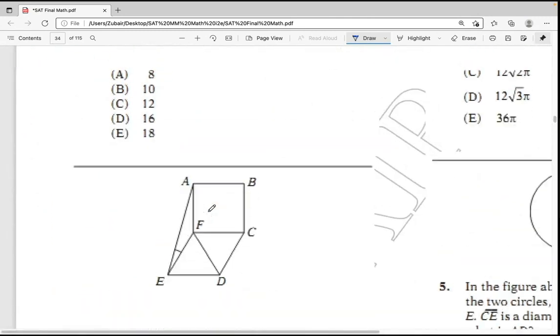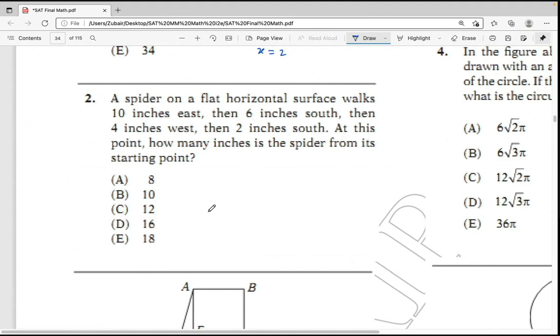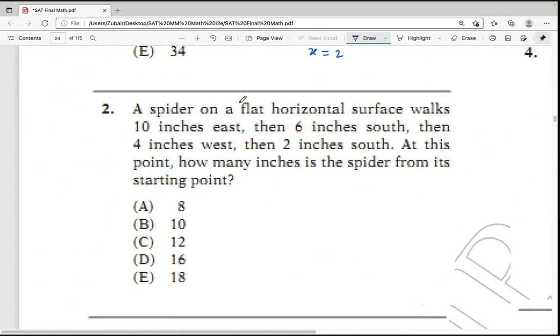Try question 2. Is the answer 10? Yes, I'm also getting 10.